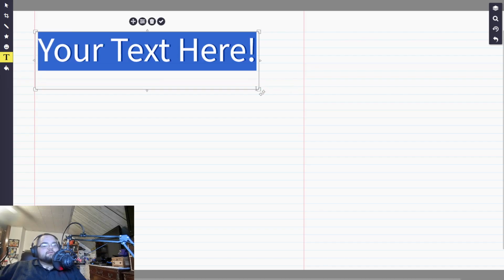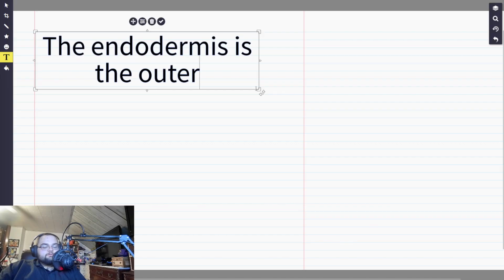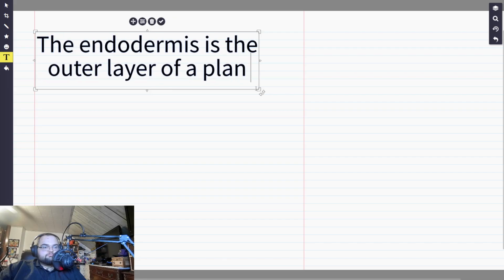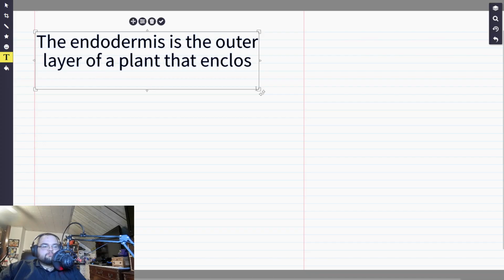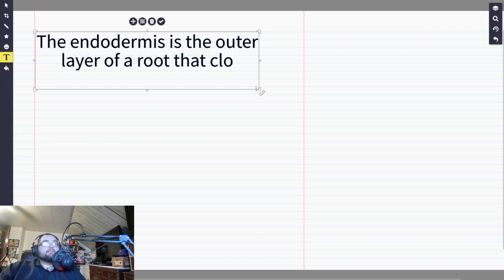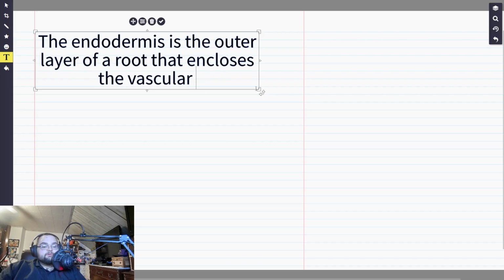Let's see. The endodermis is the outer layer of a root that encloses the vascular tissue.